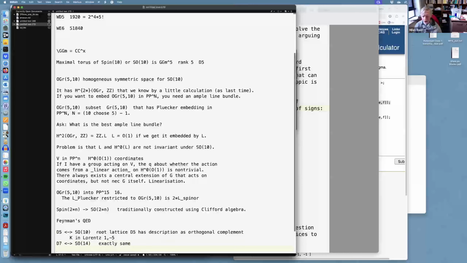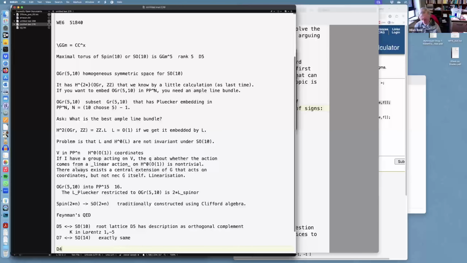However, for D4 and D6, the root lattice, you need to add 2 dimensions.